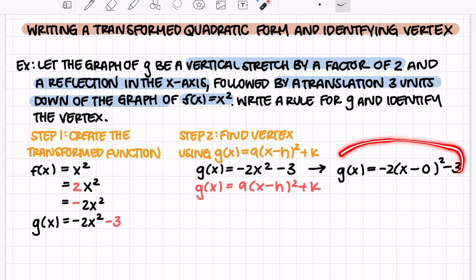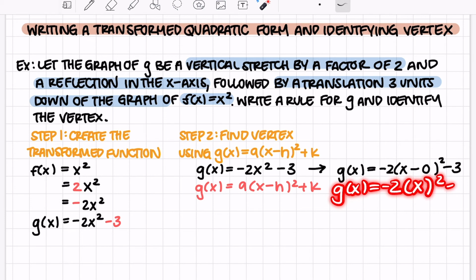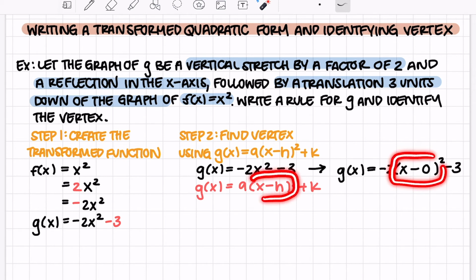If I were to simplify this, you would get here g of x. This turns into negative 2. x minus 0 is just x still, minus 3. And still, that's the same as writing down negative 2x squared minus 3. The only difference now is I have this portion similar to each other, which will help me identify my vertex.